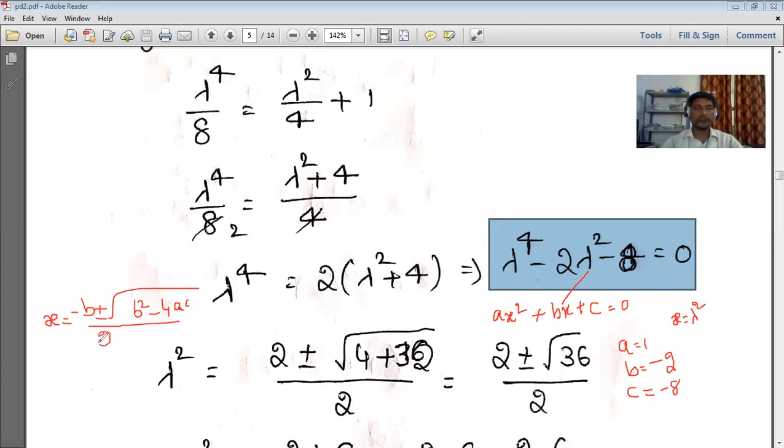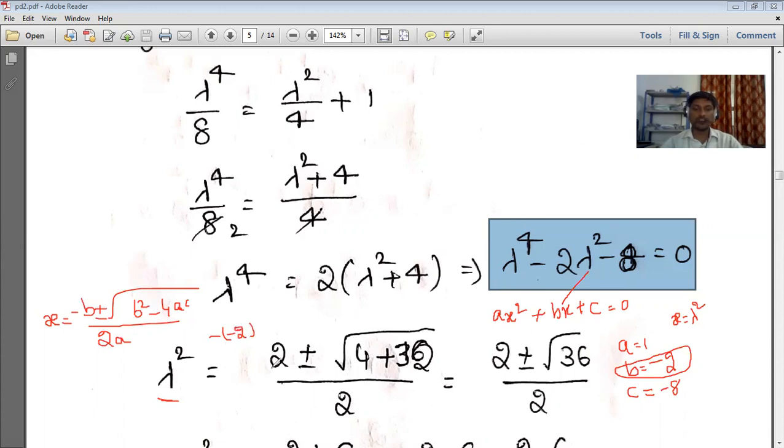Here we can substitute what we chose in place of x as lambda square. And next, minus b. What is b here? b is minus 2. In the formula it is already minus, so minus of minus 2 becomes plus.